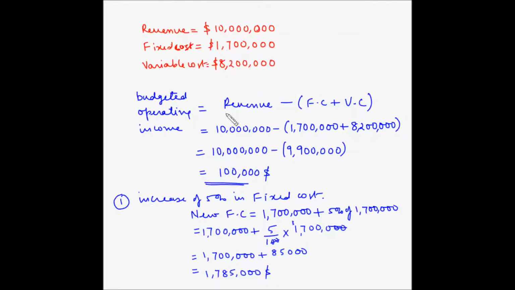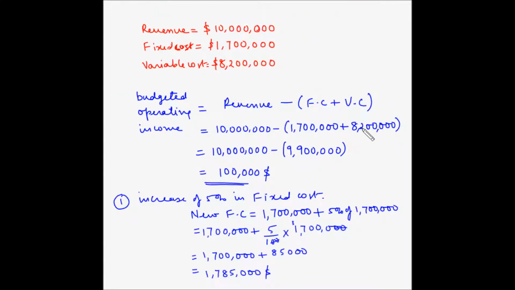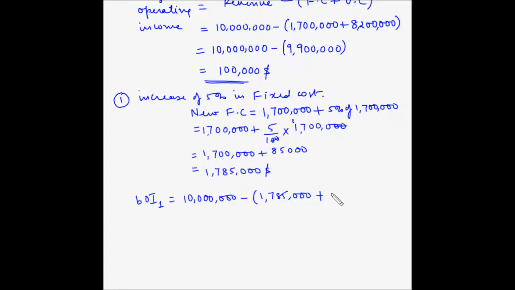So the revenue is the same, $10 million, minus, now the new fixed cost is this, so 1,785,000 plus the variable cost, which is the same, so $8.2 million. So this is equal to 10,000,000 minus, so 3 zeros are just like that, so 0 0 0.